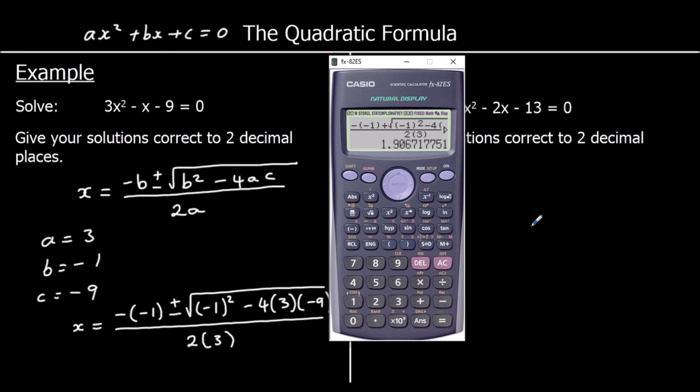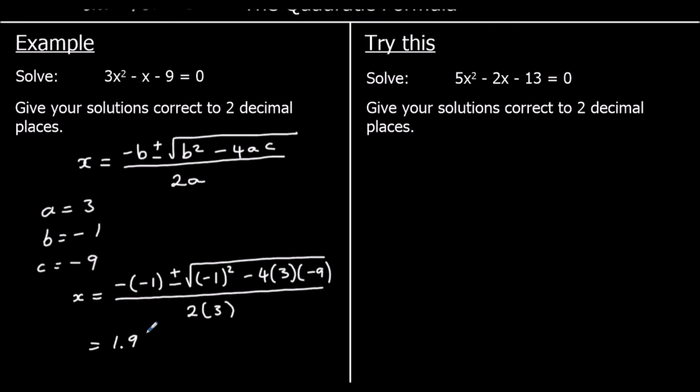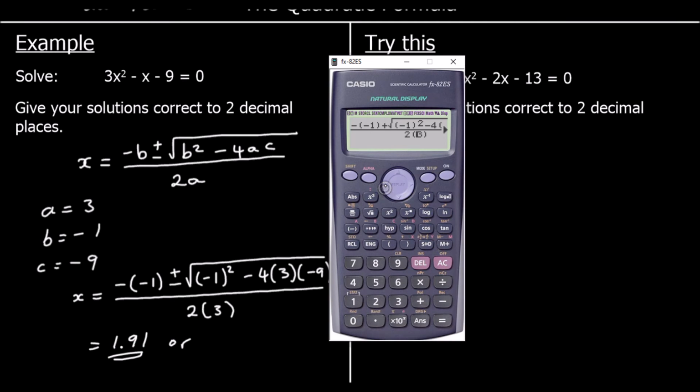And we get our first answer to 2 decimal places of 1.91. Or our second answer, which we get from changing the plus to a minus and press equals again, and we've got -1.57.